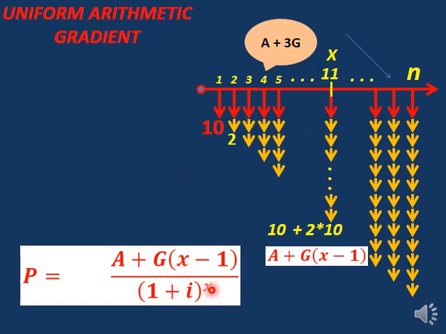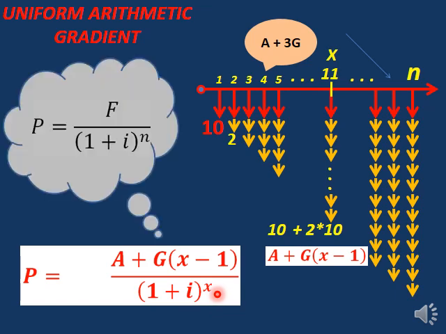The quantity (1 plus i) raised to x is called the present worth factor of a single payment. Now, recall that from our compounding formula, if we have a given future amount F, we can determine its equivalent present worth by dividing it by this quantity.